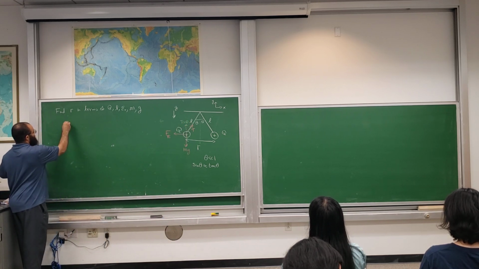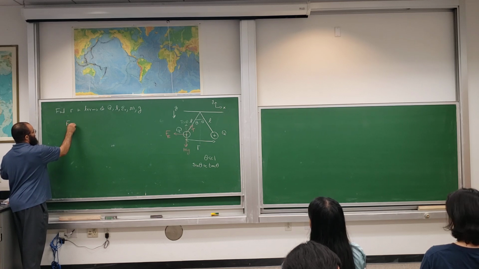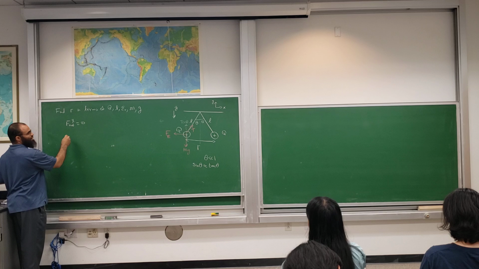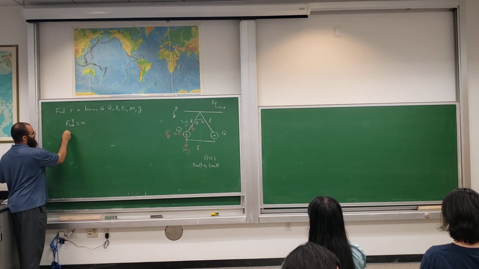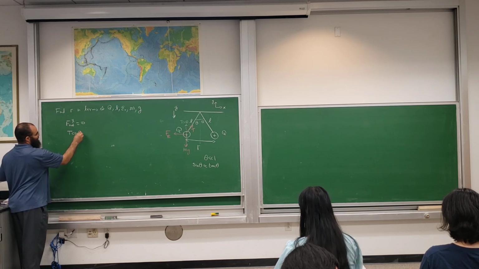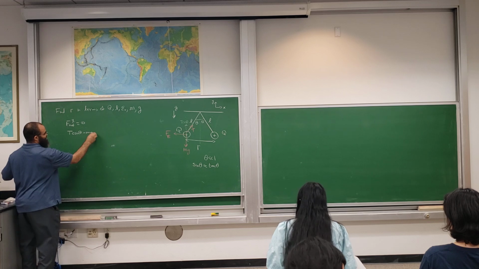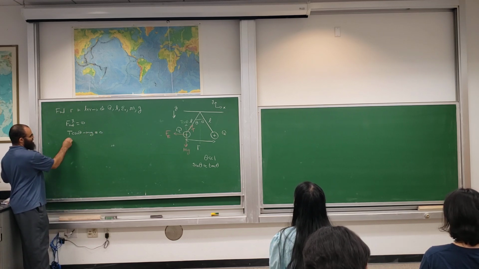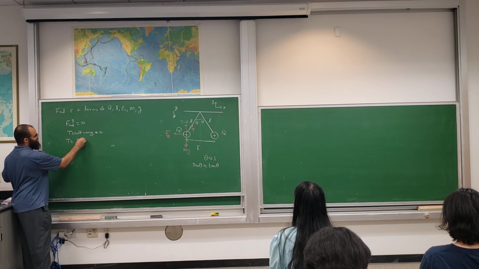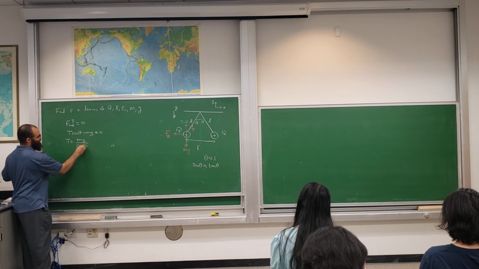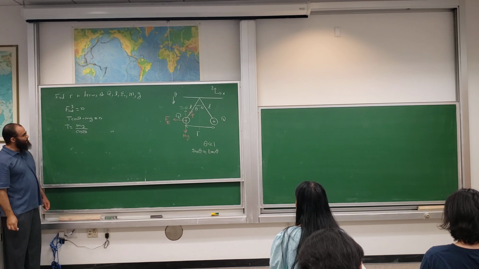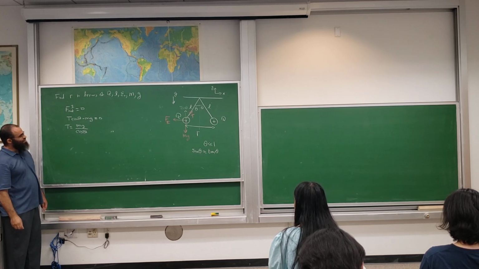In the y direction, the net force is zero, right? So the tension times cosine of theta minus mg is equal to zero. So the tension would just be mg over the cosine of theta. Okay, that's in the y direction.